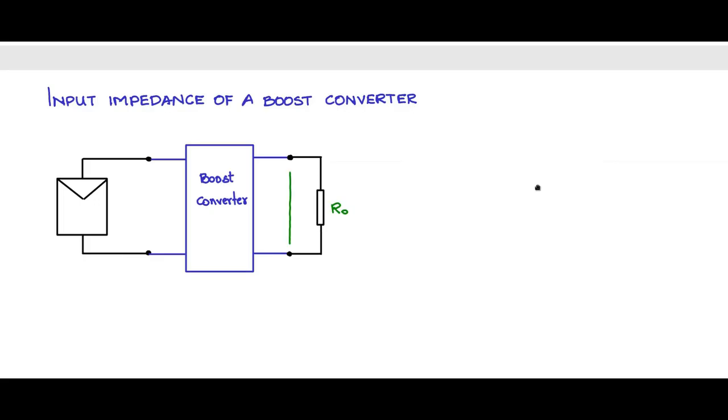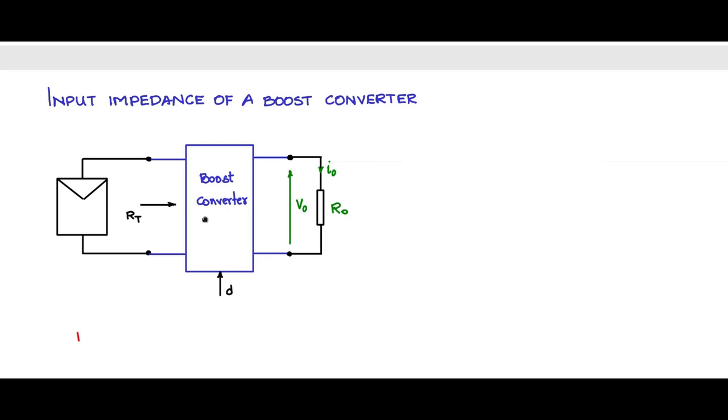You have the voltage across the output V naught and the current through R naught as I naught. The impedance seen from the input side is RT here, and the boost converter has a control input d.